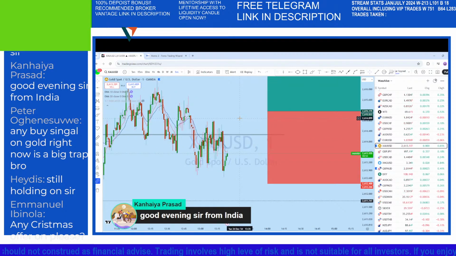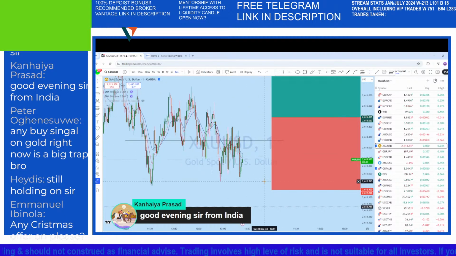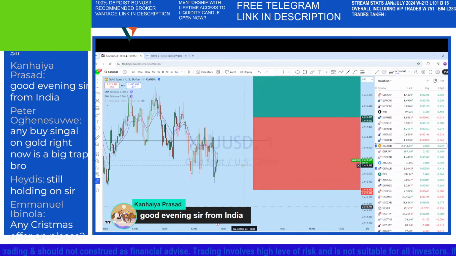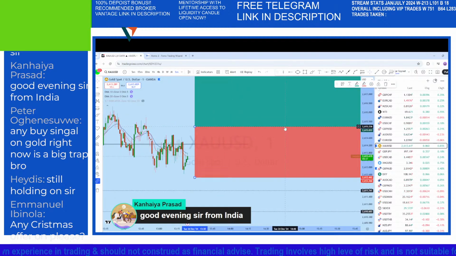Okay, so if we see a rejection from here, this is the daily support. This is the last point that we can expect it to reject, or maybe trend continuation. I'm still on the trade, still holding it.